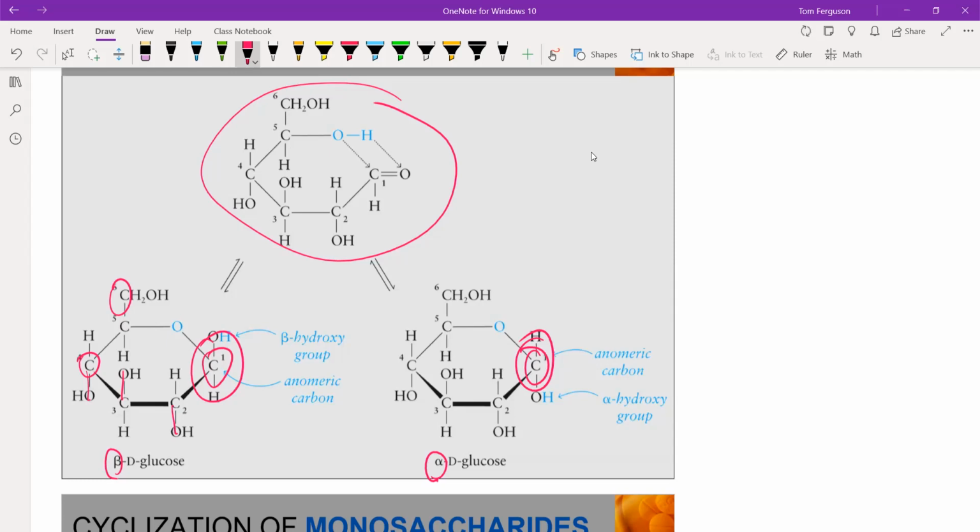And secondly, that's where this ring here opens up, right there on carbon number 1. So that's a particularly important carbon, and it's called an anomeric carbon. So the anomeric carbon goes alpha or beta, depending on where the OH group is, up or down.